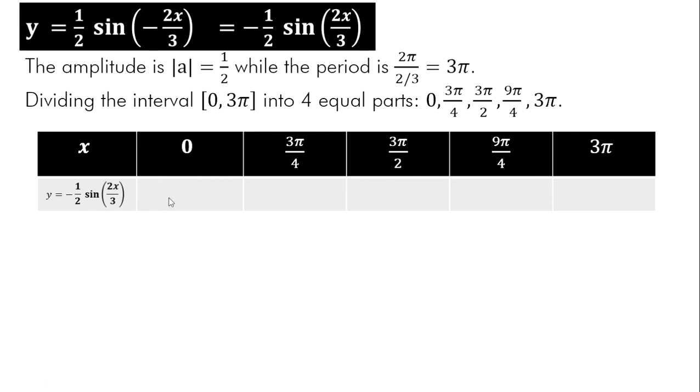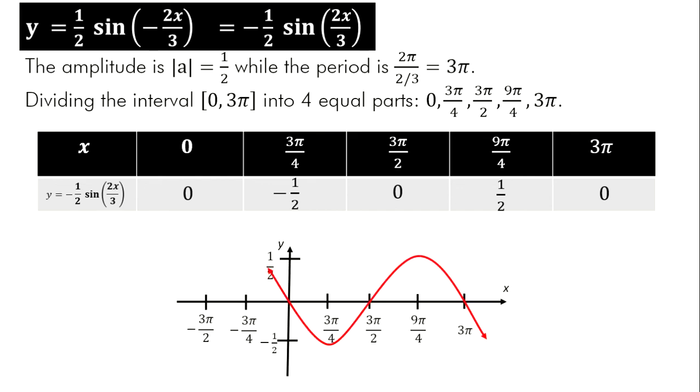So if we substitute 0 for x, that is 0. For 3π/4, that is -1/2. For 3π/2, that is 0. 9π/4, that is 1/2. And then for 3π, that is 0. So again, plot this, and you will obtain this graph.